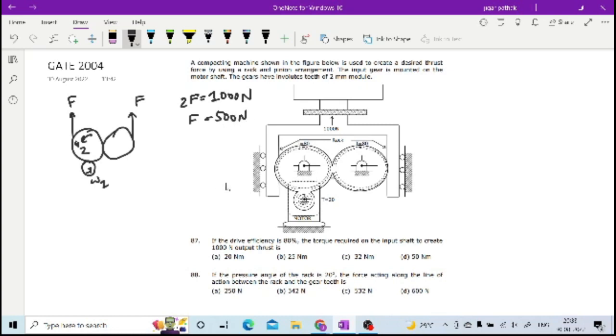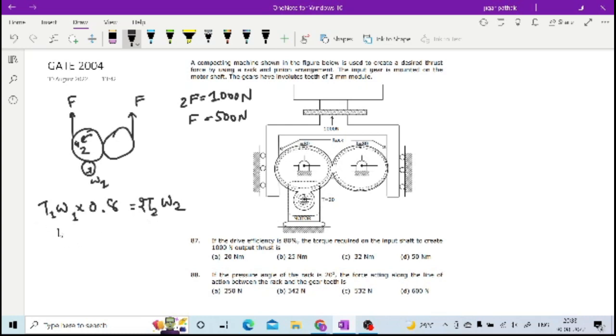Now as the efficiency is given as 80%, whatever power generated with T1 omega 1, only 80% of that will be transferred to this T2 omega 2. Here actually you will have two different gears, right, as you can see in the figure. So here T1 omega 1 into 0.8 is equal to 2 T2 omega 2.